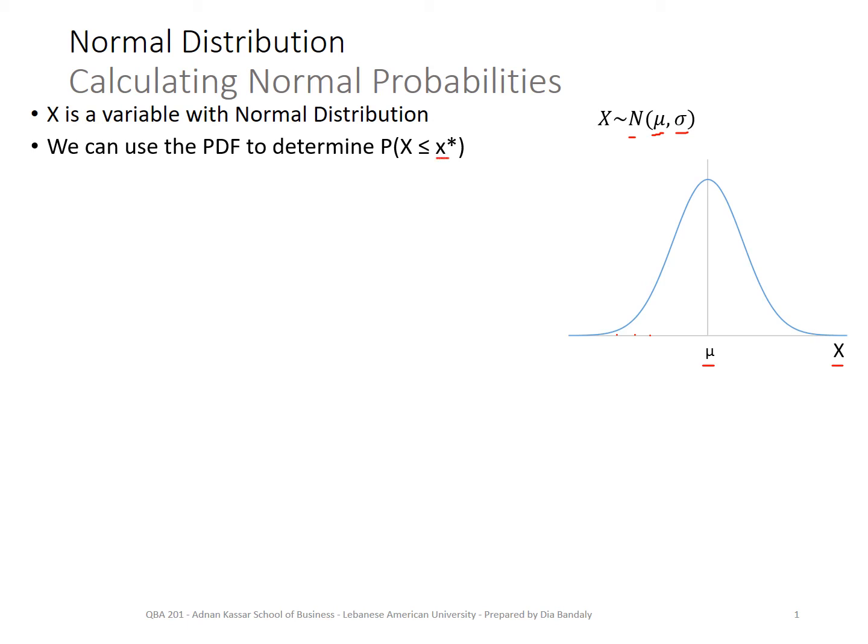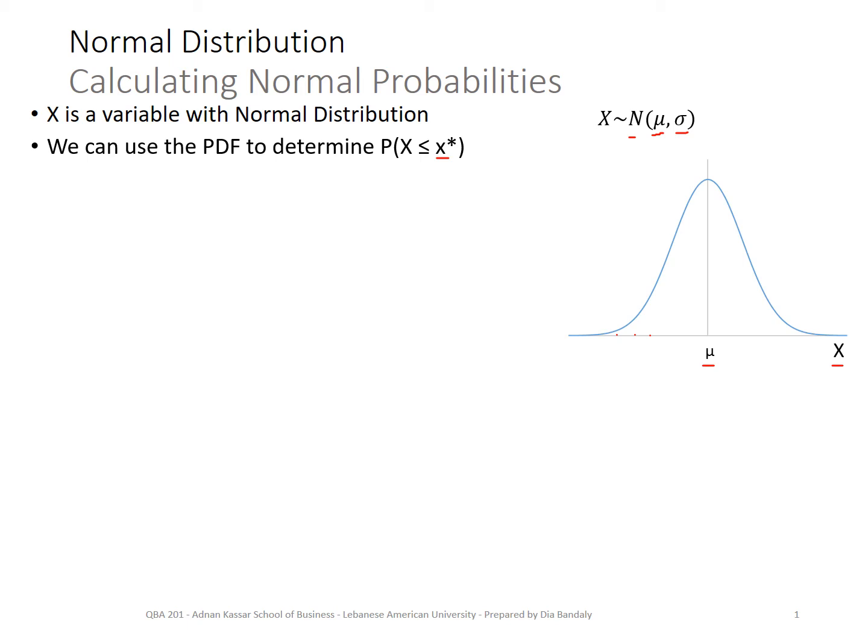I'm going to call it x star, usually called the critical value, which is any specific value that you are interested in. Okay, why? Because you have a certain question in mind, and you want to answer a question like this. For example, what's the probability that x is less or equal than 5? Okay, this will be x star for you, your critical value, a value that you want to find its probability.